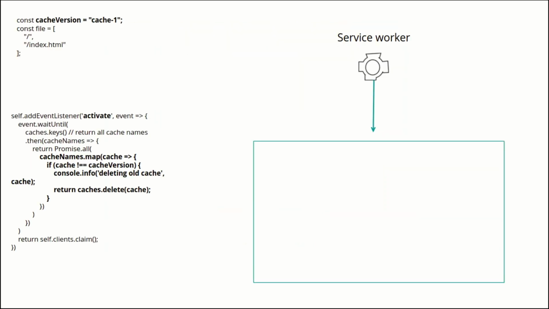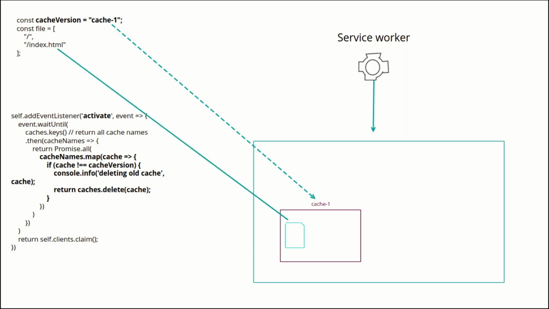Let's see the code. I am creating here cache1, and this will create a cache1 memory in the cache memory. Cache1 is the name of the memory, and I explained the code of this in my previous video. If you didn't see that, please go and watch it if you want to understand this video.